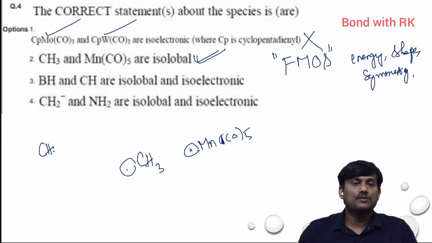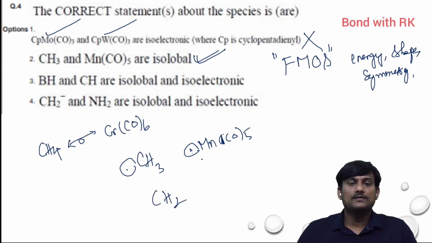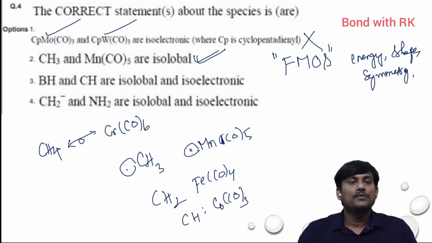Actually, CH4 is isolobal with Cr(CO)6, CH3 is isolobal with Mn(CO)5, CH2 is isolobal with Fe(CO)4, and CH is isolobal with Co(CO)3.